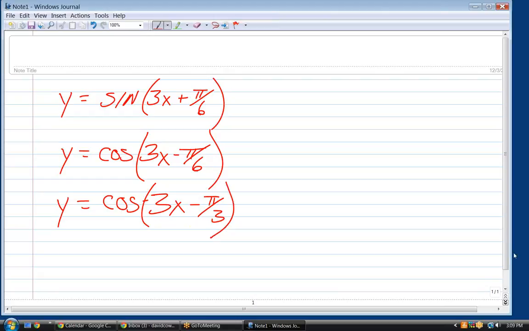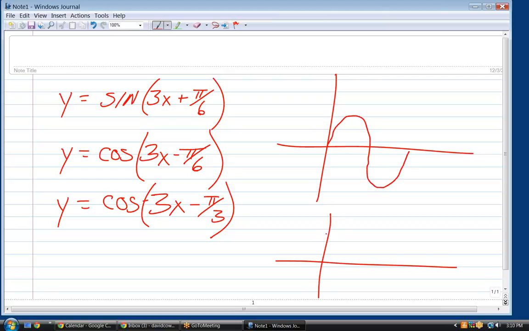If we go back and look at our sine and our cosine curves, the cosine curve is merely a phase shift away from the sine curve, right? In other words, if that's the sine curve, and this is the cosine curve, a phase shift moves everything laterally.